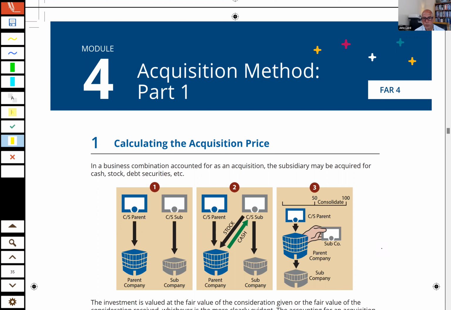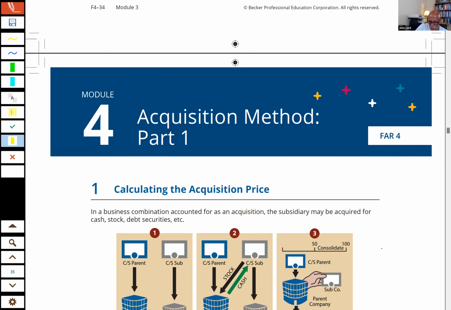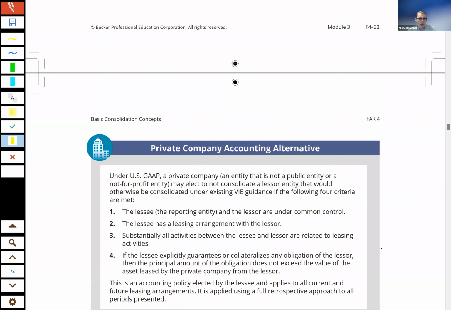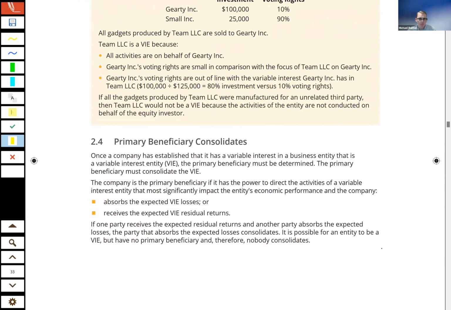Question? I just thought of a question when we were talking about the differences between purchase price and book value of investees' net assets. That's only when there's an excess, not when the carrying amount is over fair value.